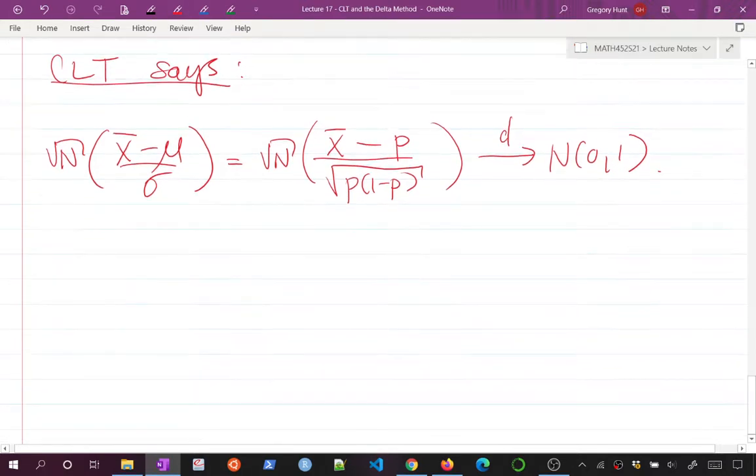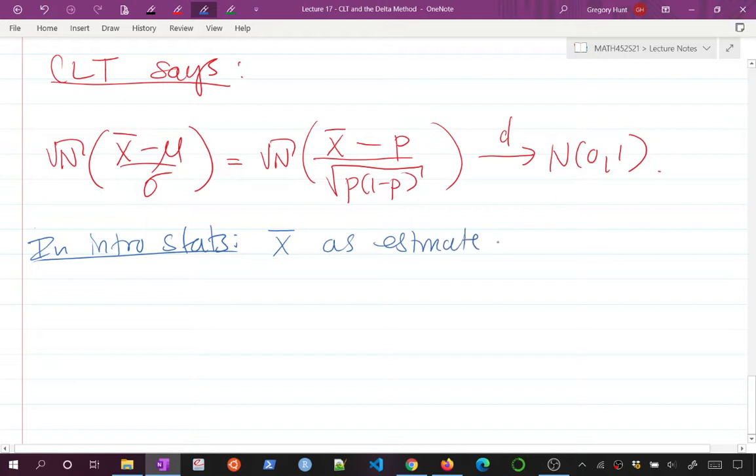So why might this look familiar? In intro stats, you might see something like x bar as an estimate for, let's say, yes responses to a poll.